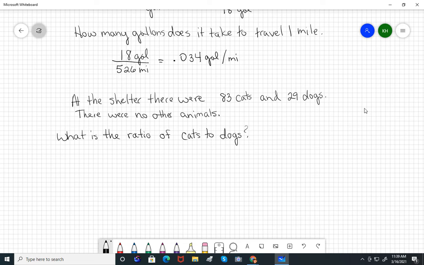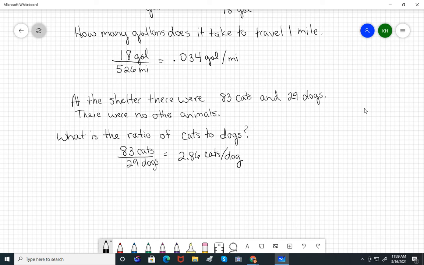When you see a ratio of cats to dogs, that means cats goes first. 83 cats, 29 dogs. 83 divided by 29. And the ratio is that there's 2.86 cats per dog. For every 1 dog, there were almost 3 cats. You could do it the other way.